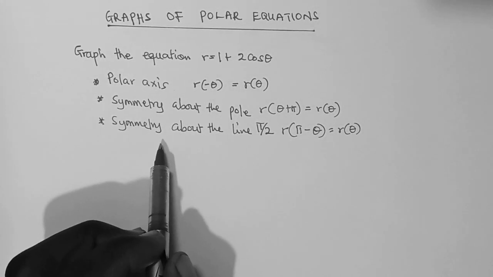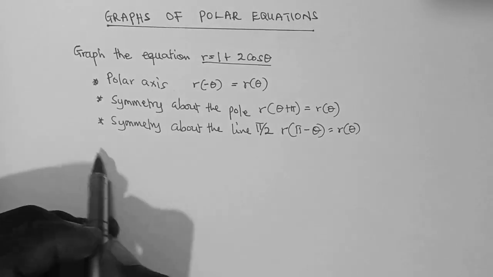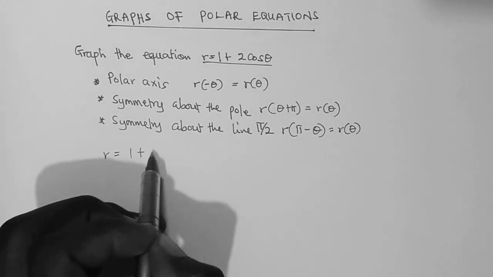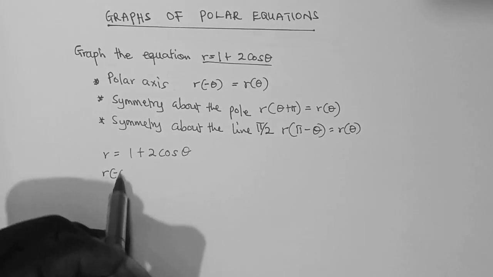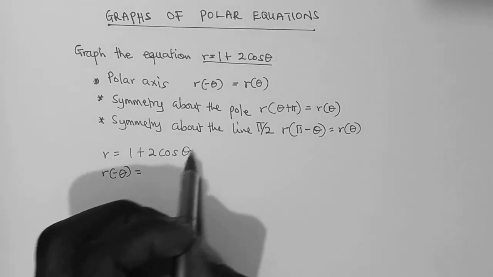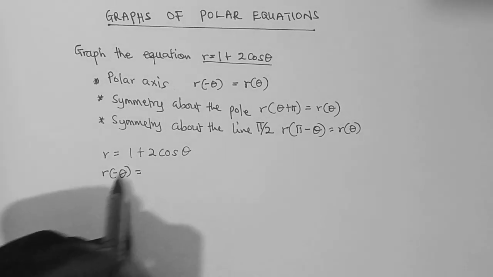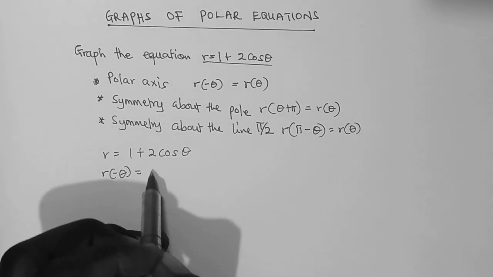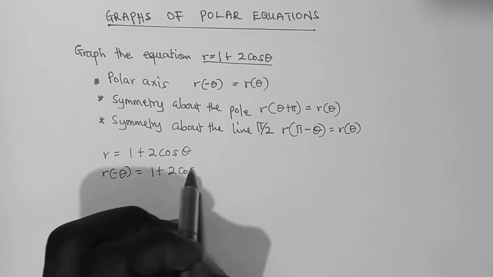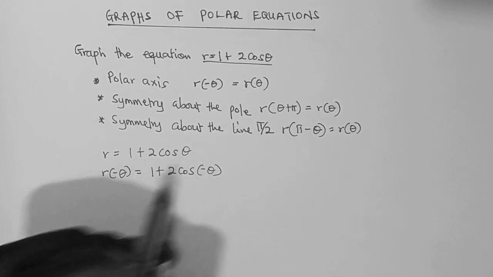So in this case, we have r equals 1 plus 2 cos theta. What is r of minus theta? Wherever we see theta in this equation, we replace it with minus theta. So this becomes r equals 1 plus 2 cos minus theta.